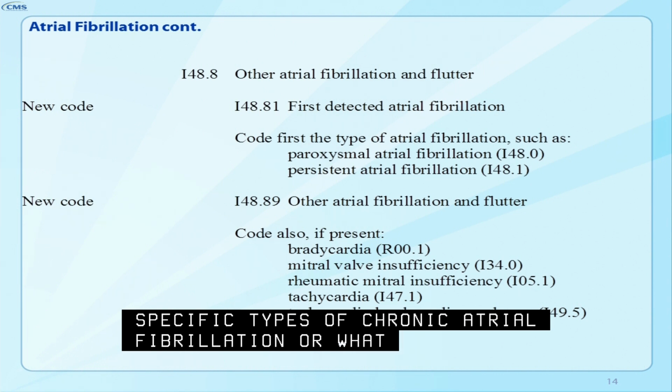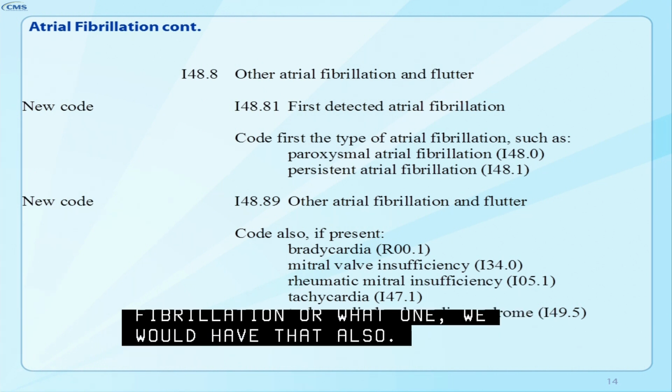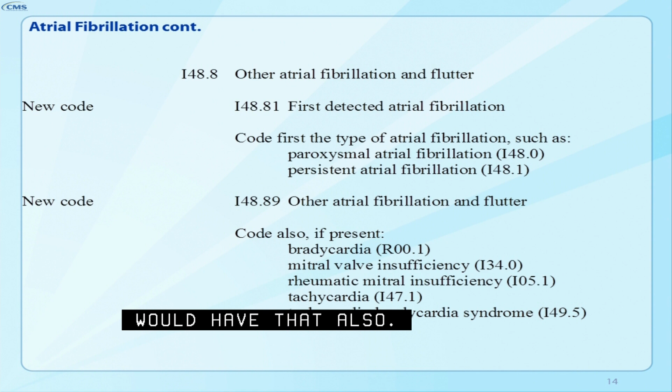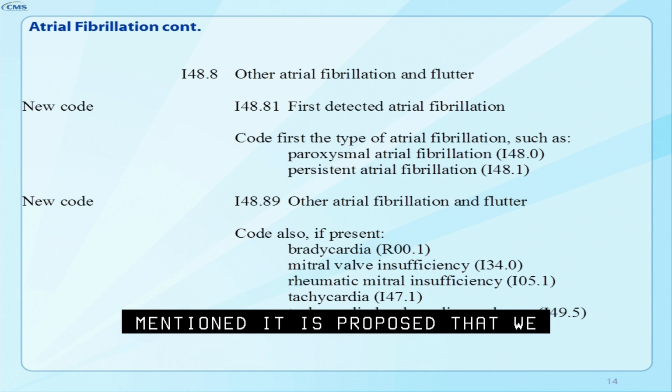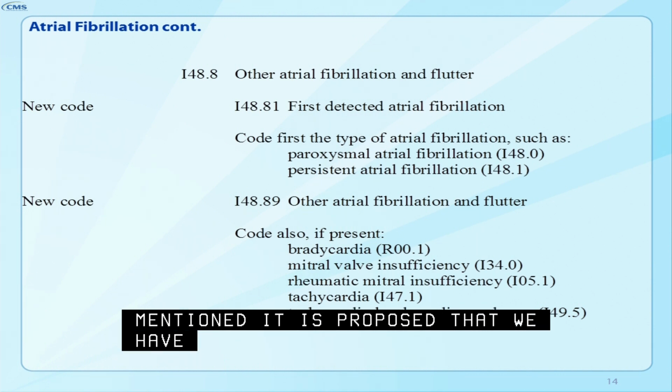Now, one of the other things of interest that I'd mentioned was first detected atrial fibrillation. It is proposed that we have an I48.8, other atrial fibrillation and flutter, and create a new code I48.81 for first detected atrial fibrillation.